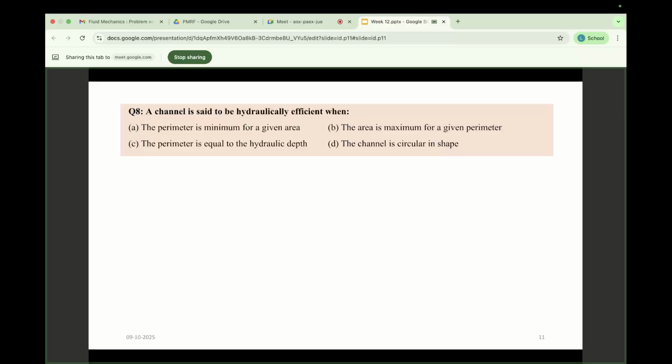So I am giving you 1 minute. Use your fundamental concept and analyze this question. You will be easily able to answer this one.